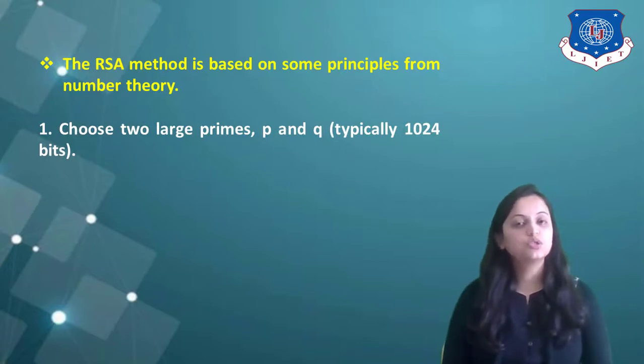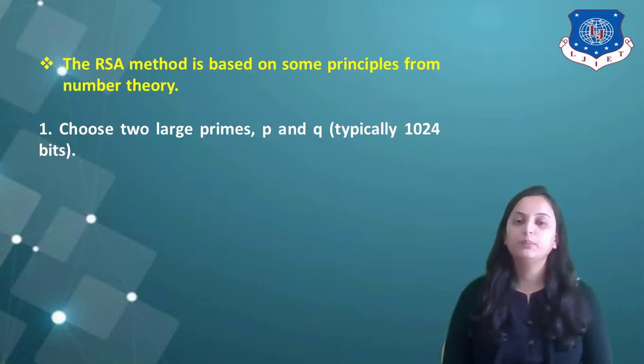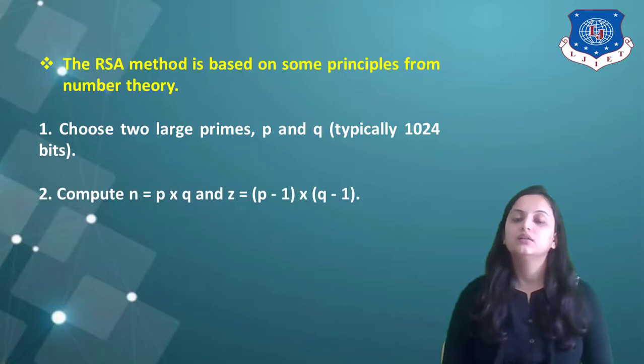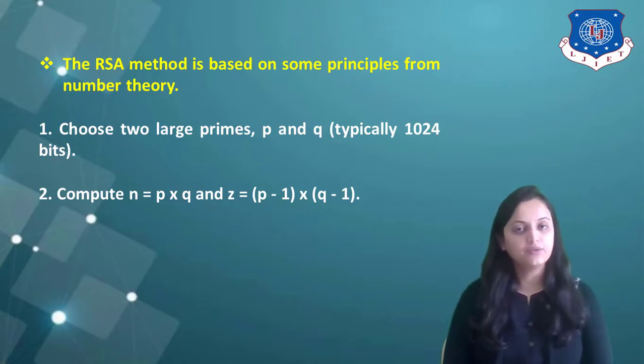The first step is to choose two large prime numbers. Let us denote them with p and q. These should typically be of 1024 bits. So the first step in this algorithm is to select two large prime numbers. The next step is to compute the product of these two large prime numbers, which we denote with n. So n equals p multiplied by q, the multiplication of the two prime numbers that we have selected.